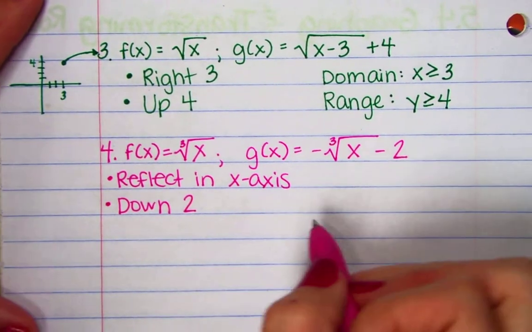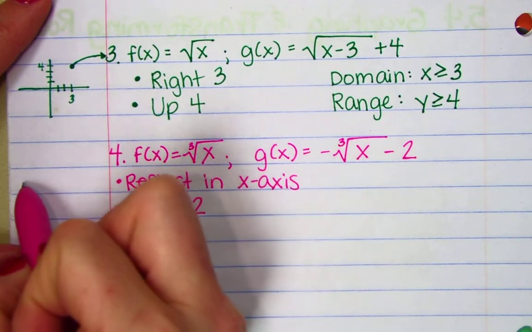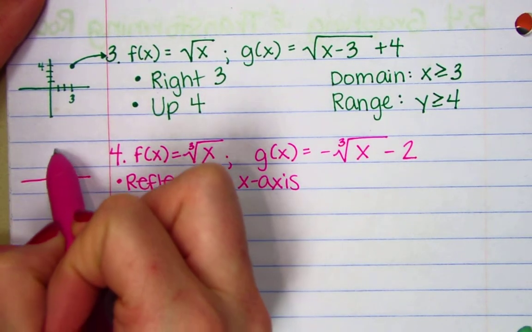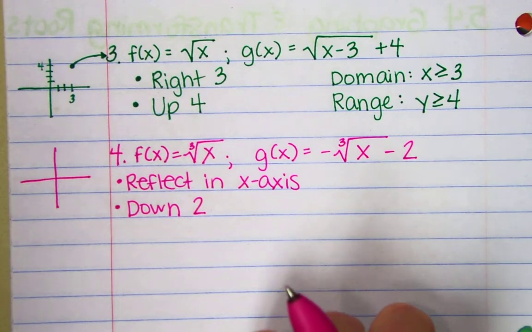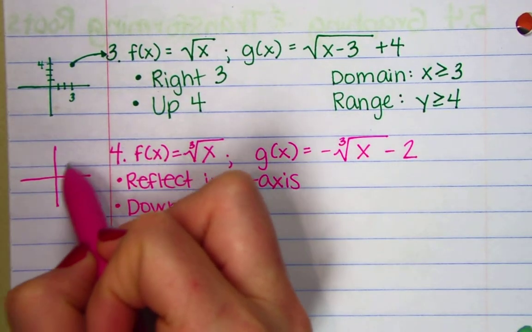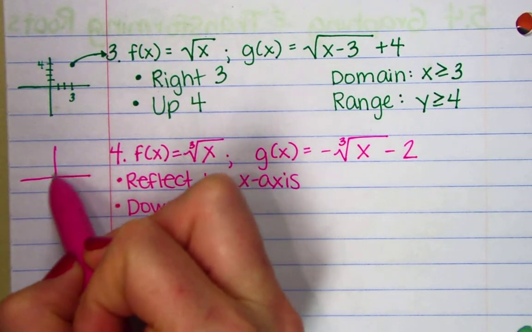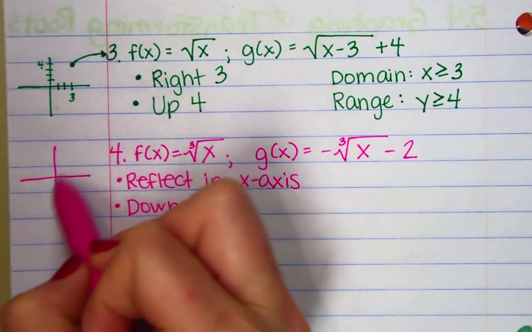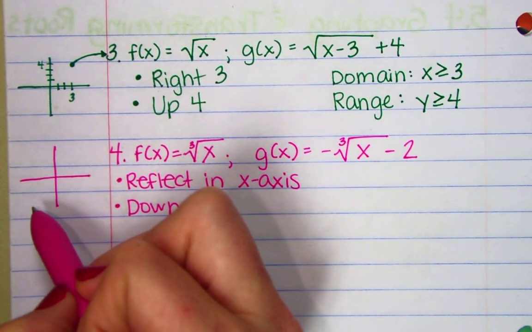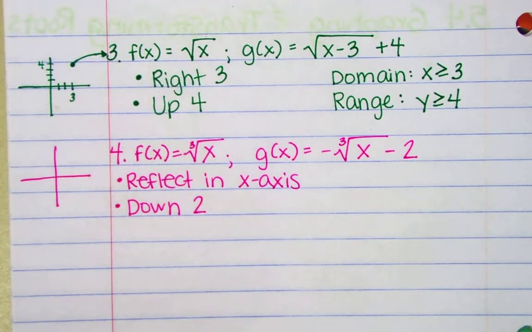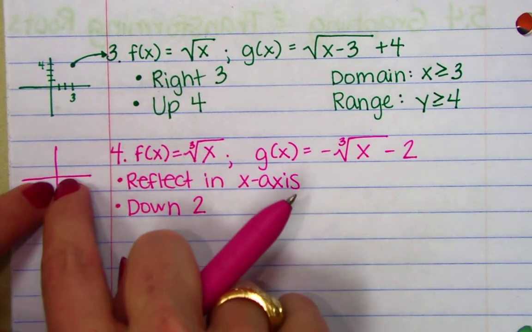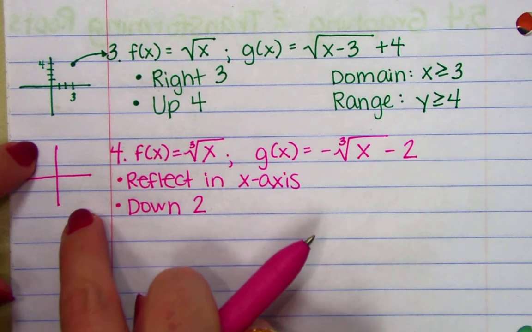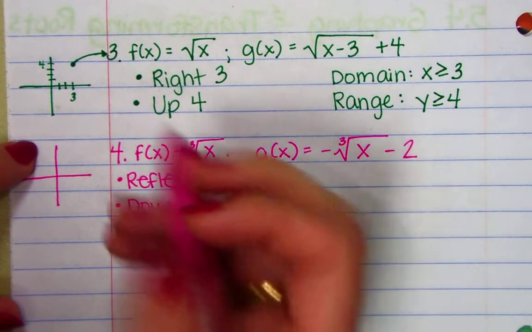Okay, so there's those two. Let's draw a little sketch again. Okay, remember, on the front, the original one, it went like this, right? Went both ways. Well, this one is going to reflect in the x-axis. Okay, so first of all, the top part here and the bottom part here are going to flip. Okay, and it's going to move down too.